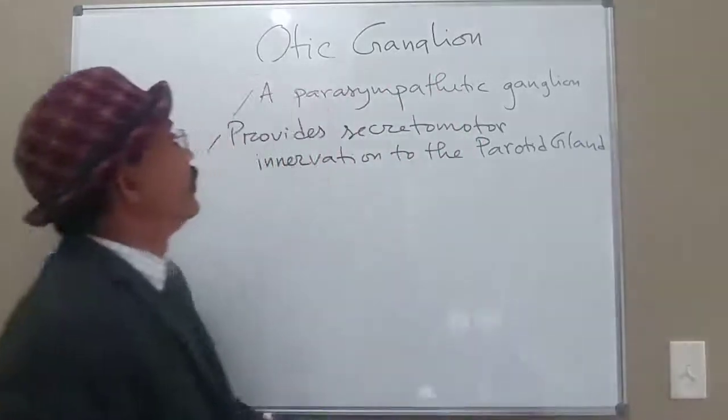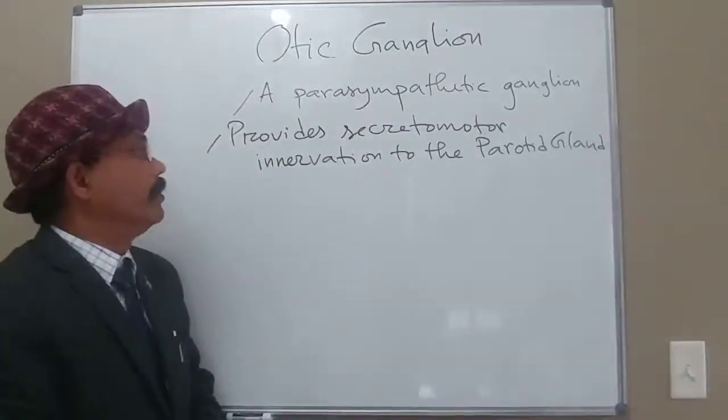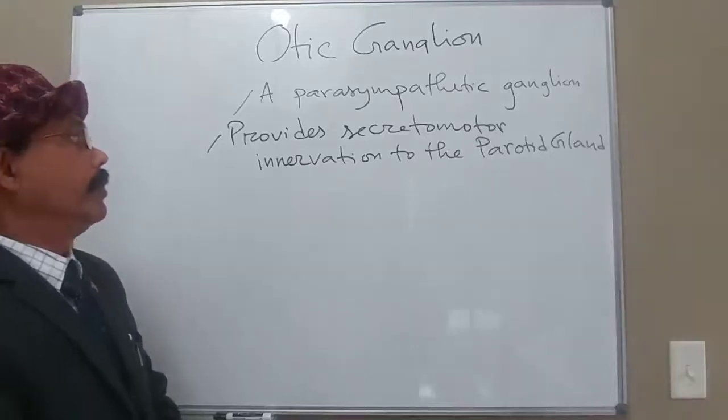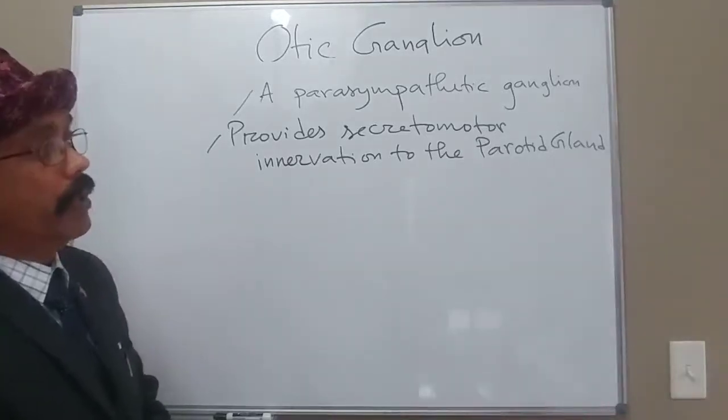Okay, we got that: a parasympathetic ganglion that provides secretomotor innervation to the parotid gland.